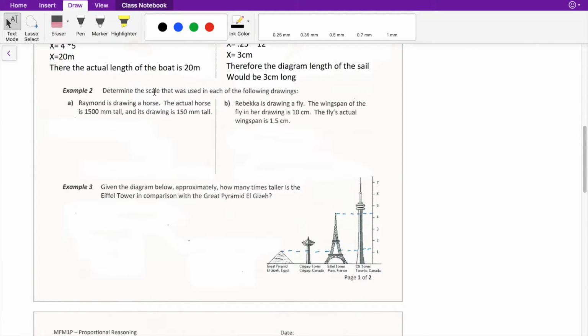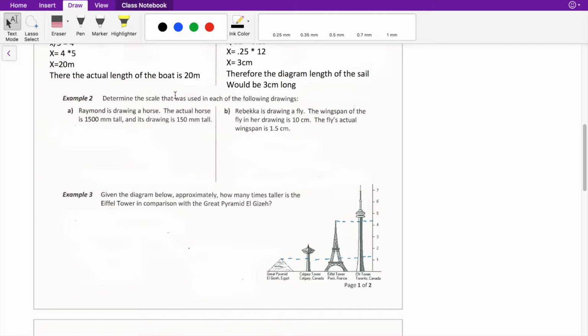So determine the scale that is used for each of the following drawings. So when saying determine the scale, we're looking at figuring out what we're enlarging or shrinking it by. Okay?